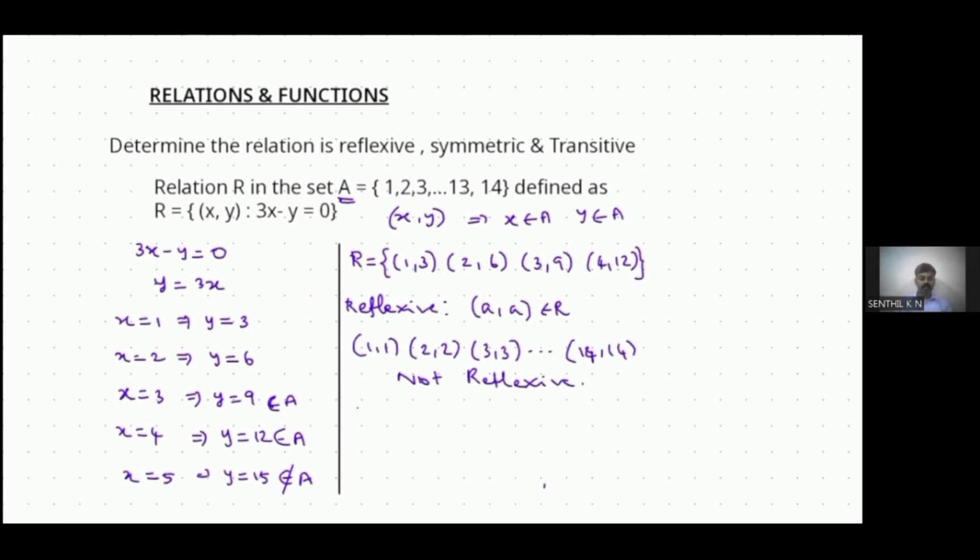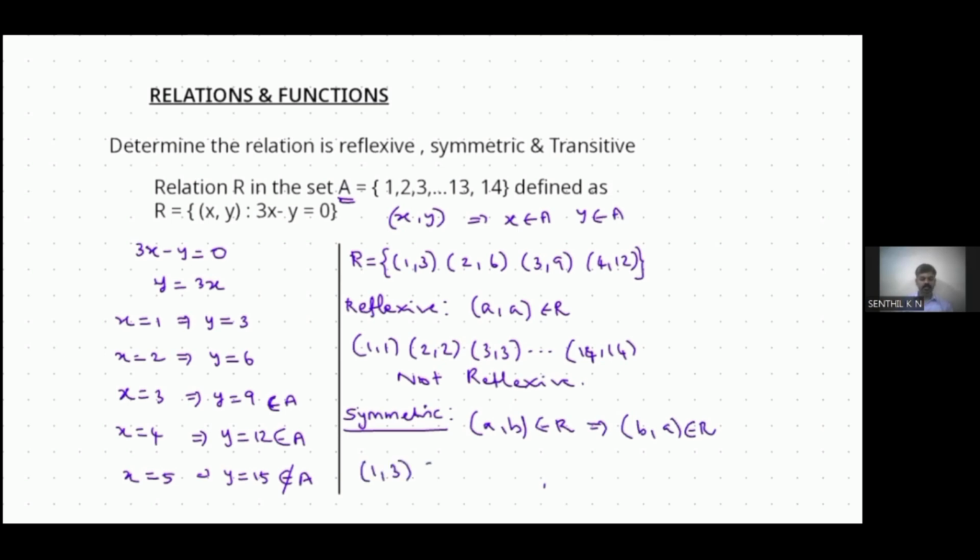Okay. So now we have to discuss symmetry. Symmetric means what we have discussed. If there exists an element in the form of (a, b) belonging to R, then the reversed element should also belong to R. We can take any element from R. Here, suppose we take (1, 3) belonging to R. What about the reversed element?